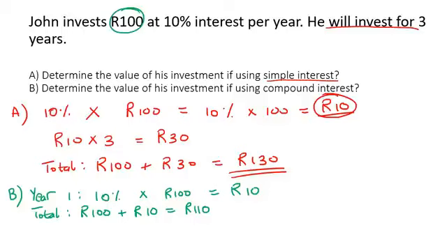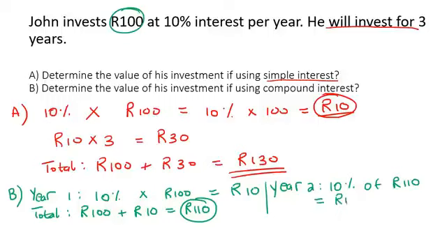Now you're going to do the same thing again, but you're not going to take 10% of 100 Rand. No, now when you go into year number 2, you're going to take 10% of the new amount, and the new amount is 110. So you're going to say 10% of the new amount, which is 110, and if you work that out, you're going to end up with 11 Rand.